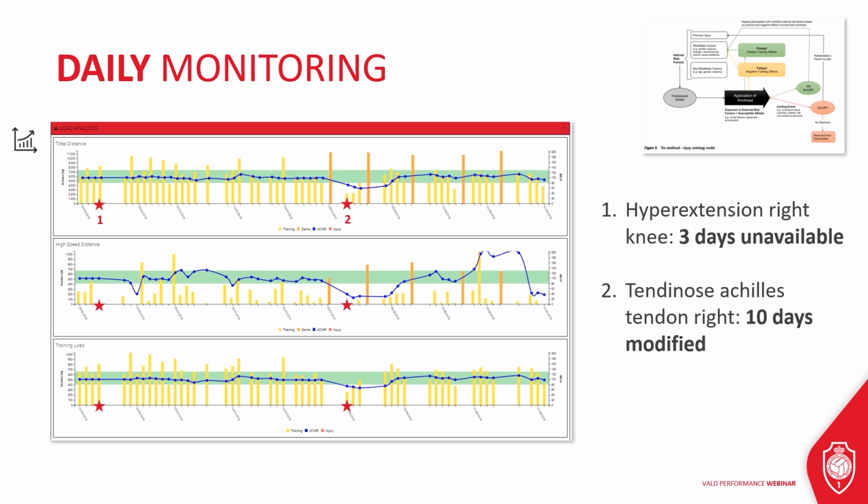But still, we could get this player going on into the games, as you see on the orange graphs, but with an adapted program. That's why, for instance, you see after the second injury, the high speed distance was very low compared to the training days before and after this period.